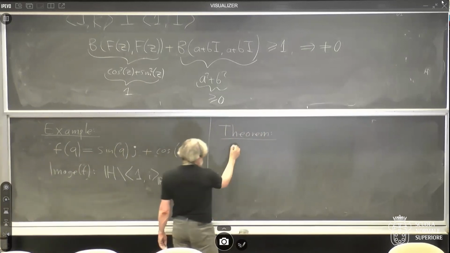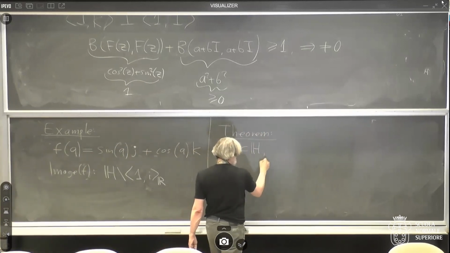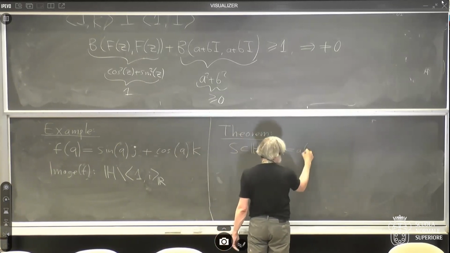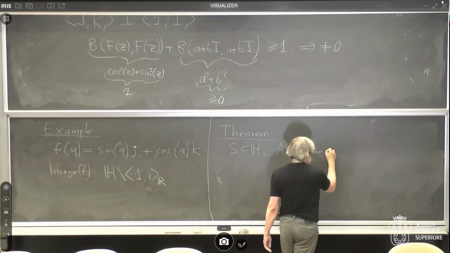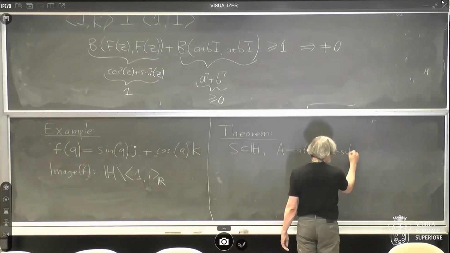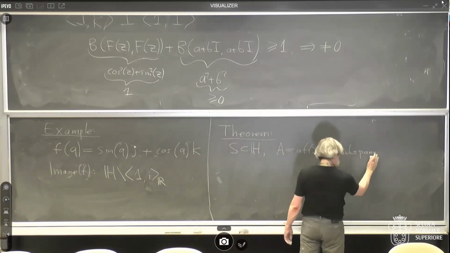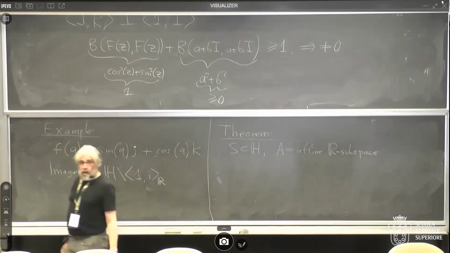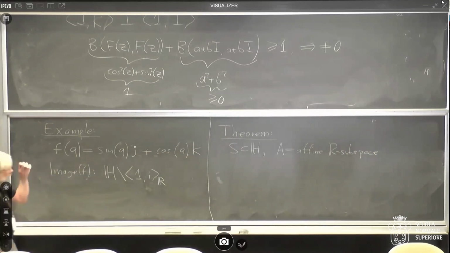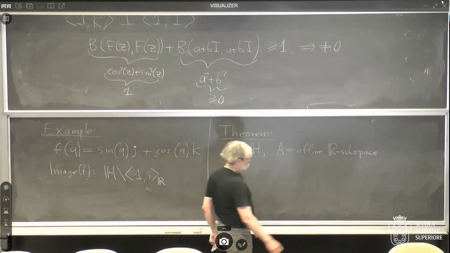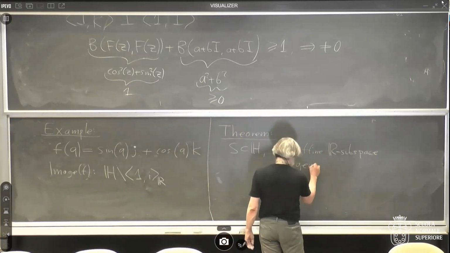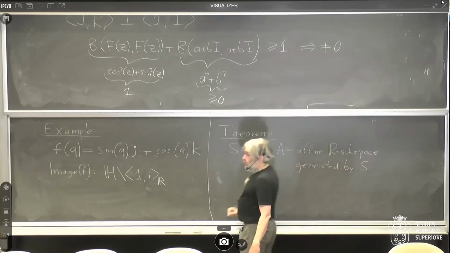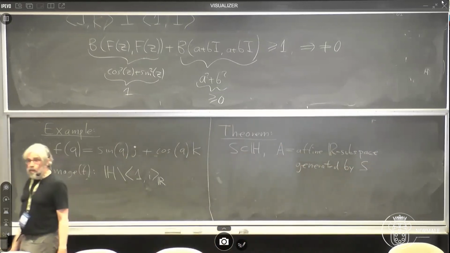If we have a subset S inside of H, and we say A should be the affine R-subspace, the smallest affine subspace of R^4, of this real vector space H, which contains S. So this is generated by S. You could also call this the affine hull of S.